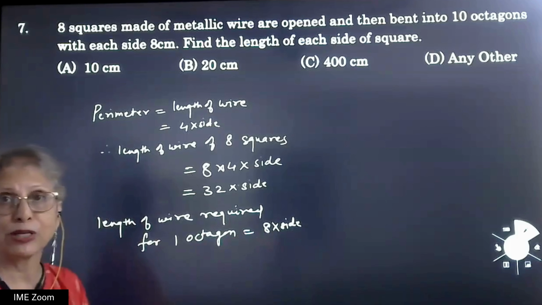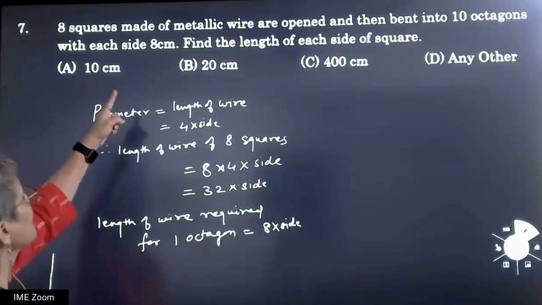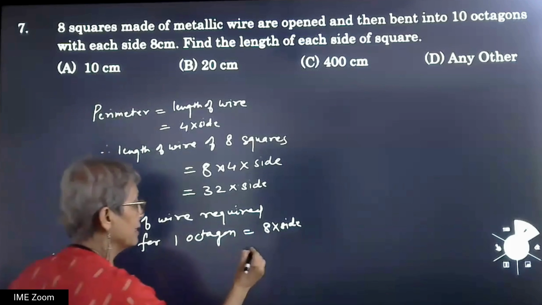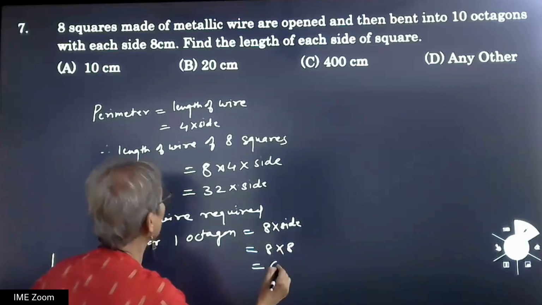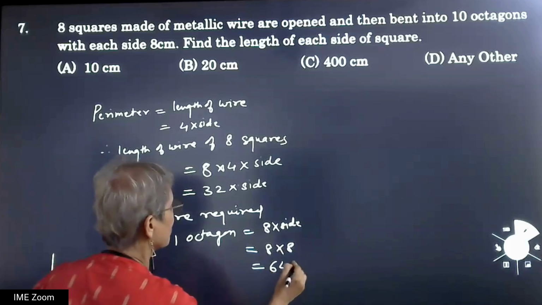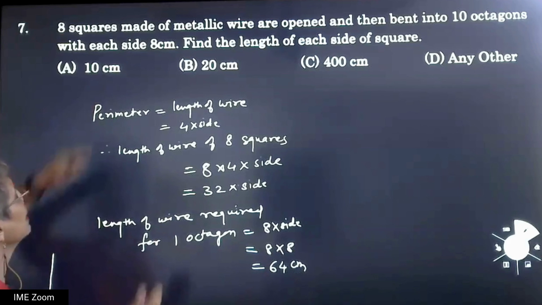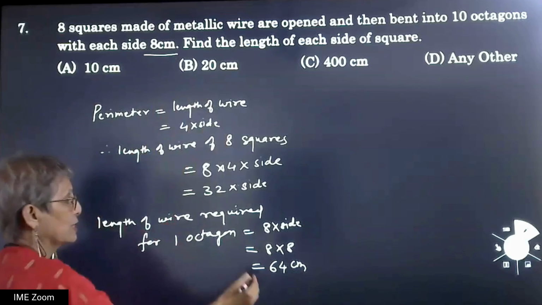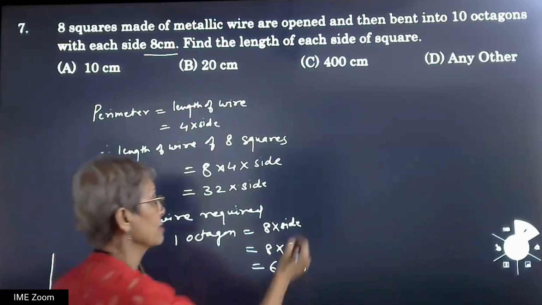8 into side, because it is an octagon, meaning an 8-sided figure, and side of octagon is given to us, and that is equal to 8 into 8. So that is 64 centimeters. Here side is given to us. So 64 centimeters. And like this, there are 10 octagons.